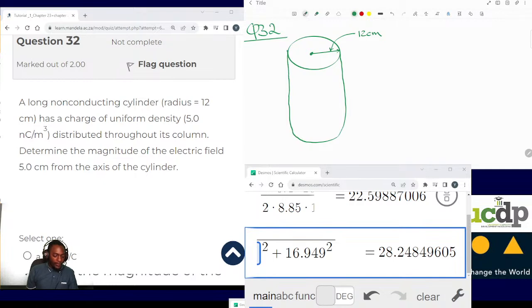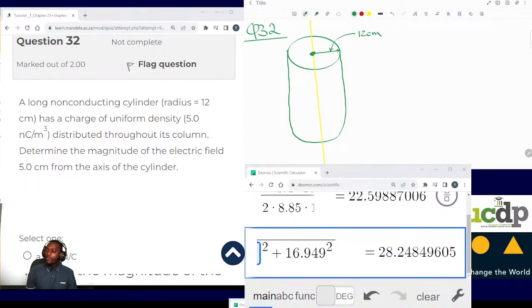What are we told? We are supposed to calculate the magnitude of the electric field 5 centimeters from the axis of the cylinder. So where is our axis? This is the axis of our cylinder.